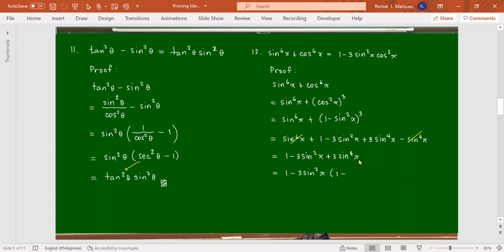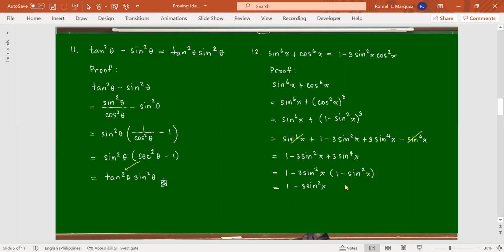And then here, if I factor out negative 3 sine squared, I will have just negative sine squared x. Okay? So let's check: negative 3 sine squared x times 1 is negative 3 sine squared x. Negative, negative, positive: 3 sine to the fourth. Okay, verified correct.